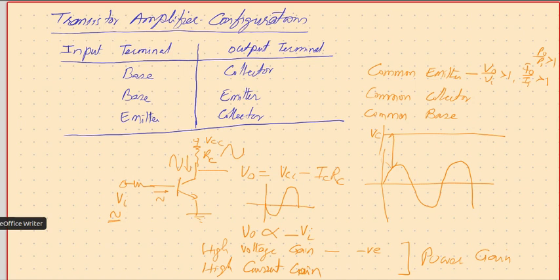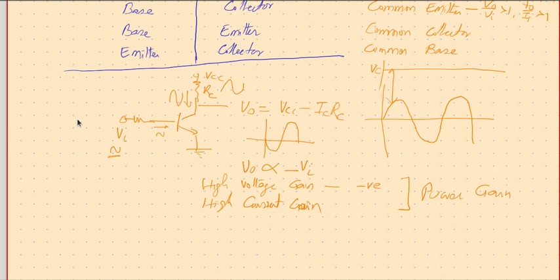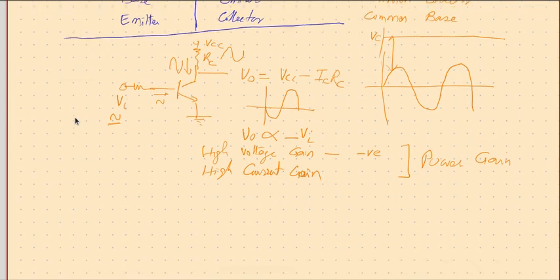Done. Now let's get to the next part where base is the input and emitter is the output. The circuit looks something like this.